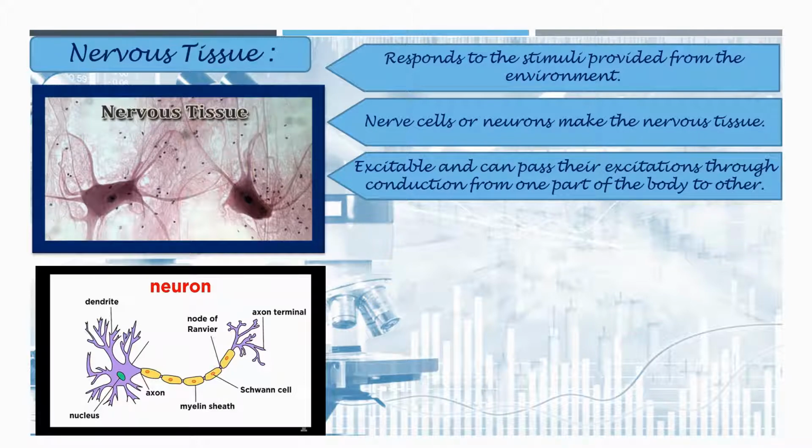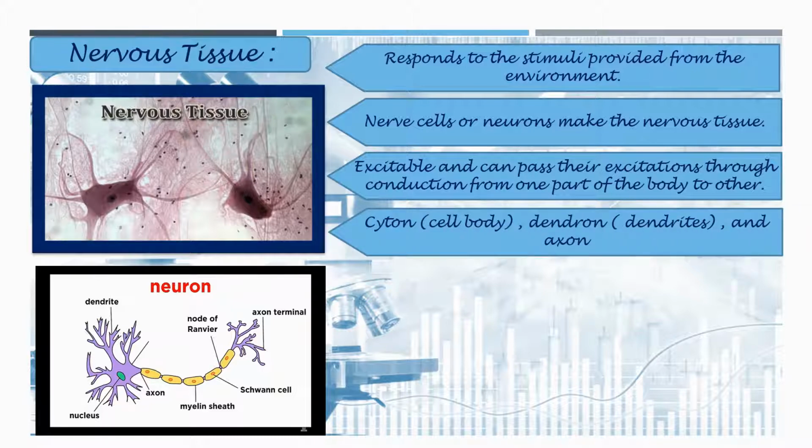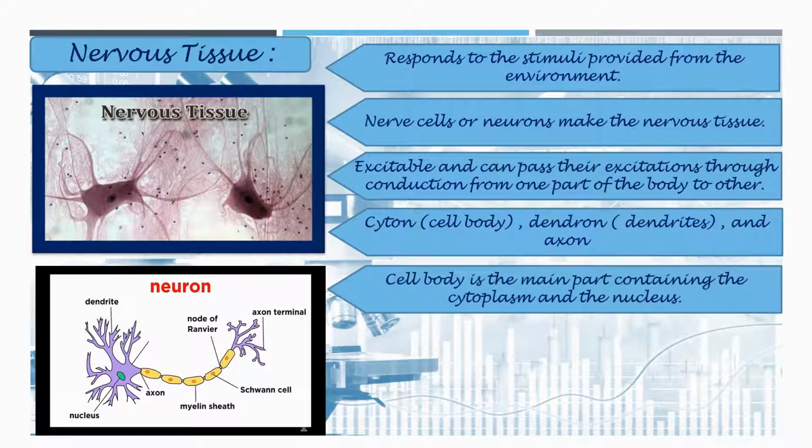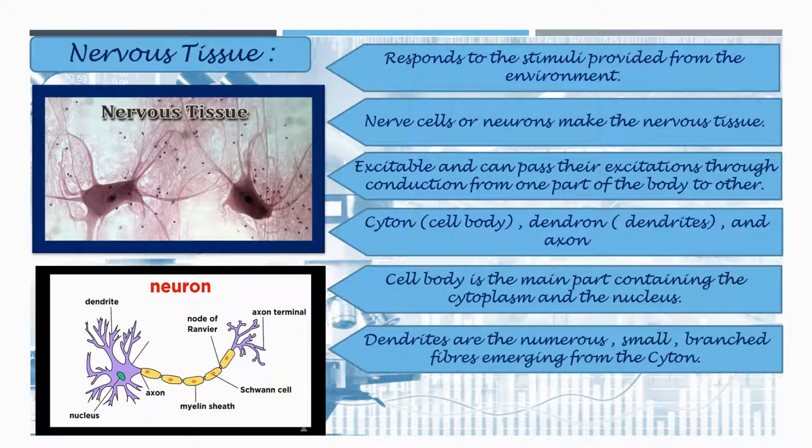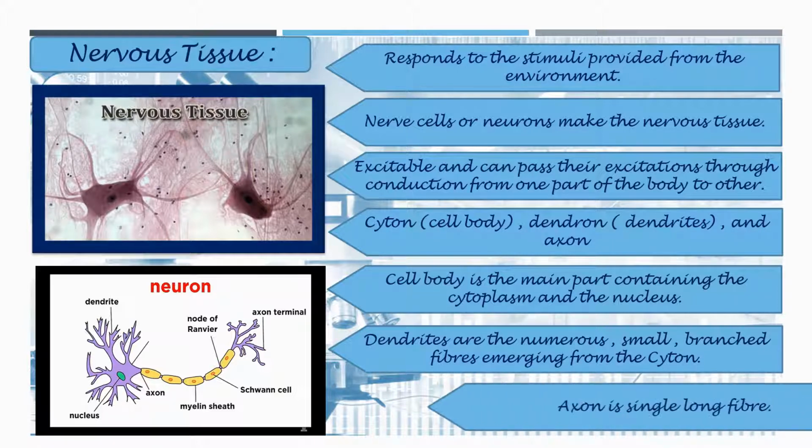The three main parts of the neuron are the cyton, that is the cell body, the dendrons, that is dendrites, and the axon. The cell body is the main part containing the cytoplasm and the nucleus. Dendrites are the numerous small branched fibers emerging from the cyton, and the axon is a single long fiber.